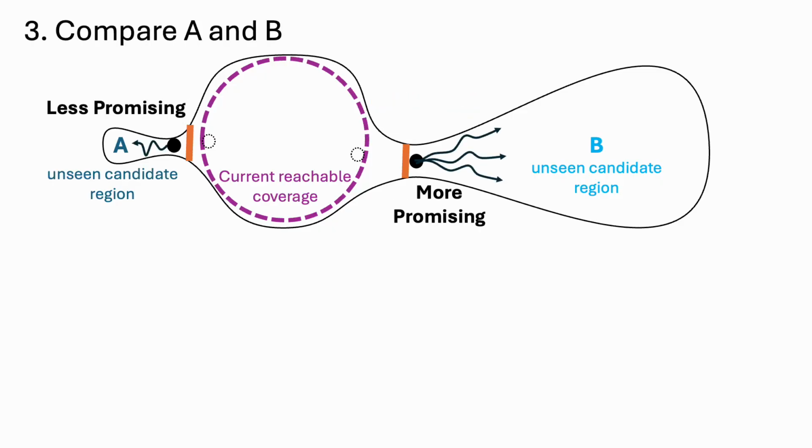You can see that after scouting, the difference between A and B is visible.